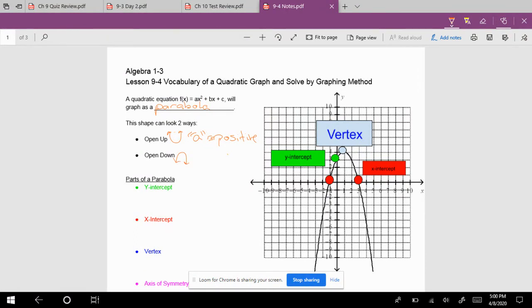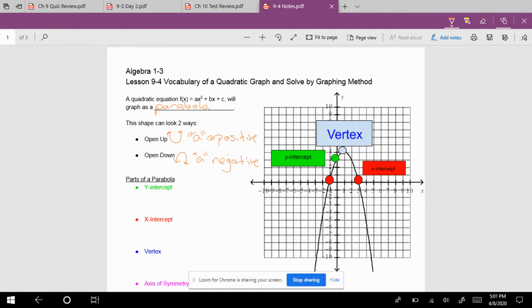That would be a negative parabola, and if you have the equation, you can find that your A is negative. The A is the coefficient of your x squared, just like it was with the quadratic formula. So those are the directions it can open and its general shape.